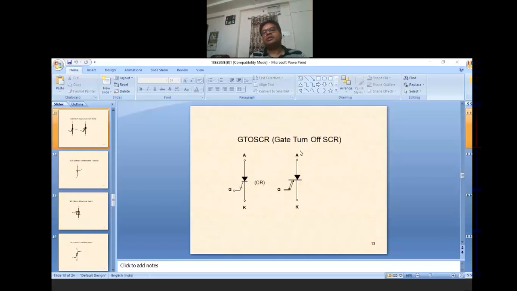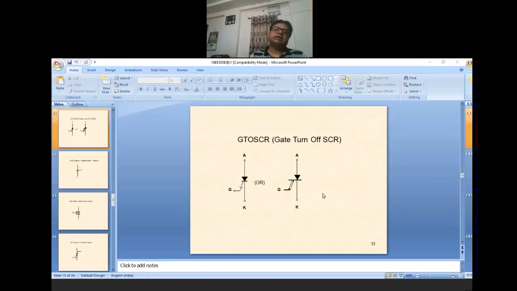The difference between the SCR and this GTO SCR is this GTO SCR can be turned on with the aid of gate. At the same time, it can also be turned off by the gate.